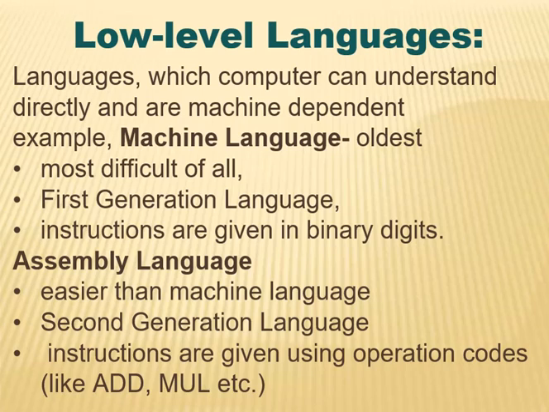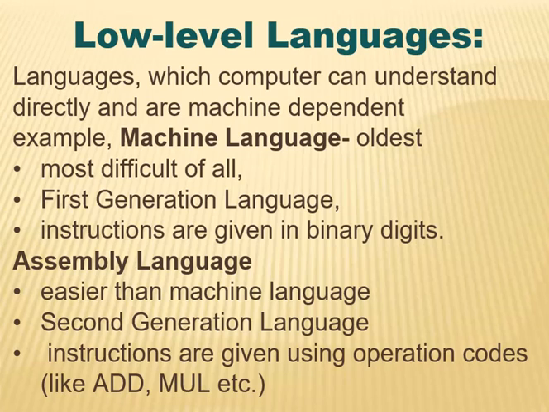In machine language, all the instructions were given to the computer in binary digits only, and hence are directly understood by the computer. On the other hand, assembly language is easier than the previous machine language, and it is known as second generation language as well.